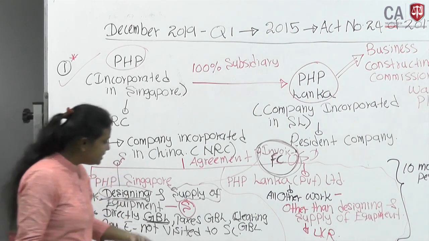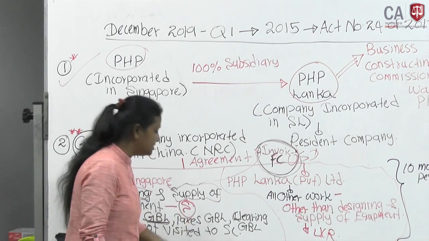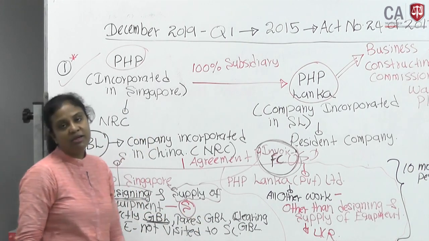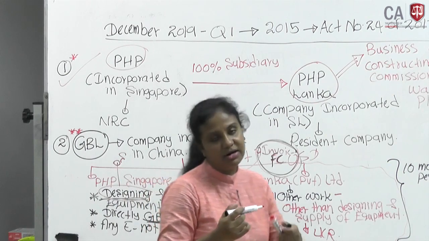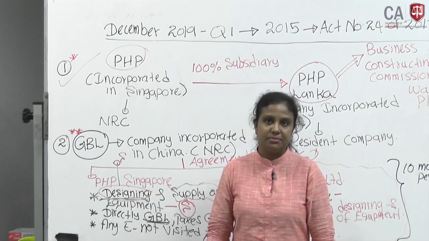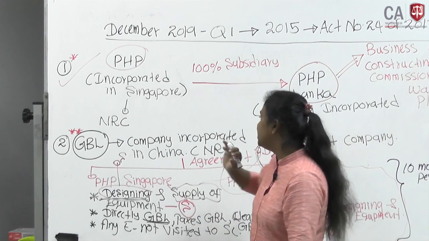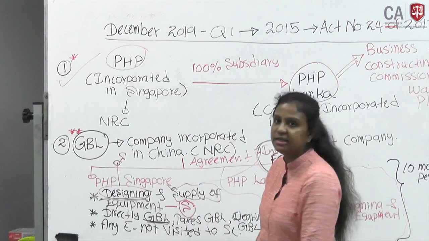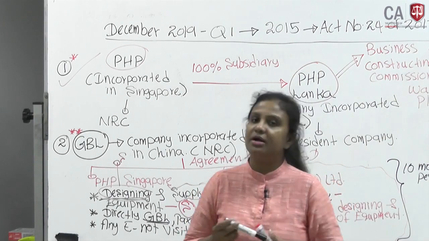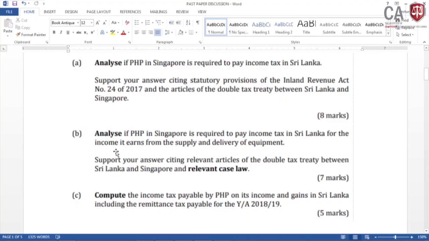And the person in GBL pays the taxes, clears it and transports the equipment to the factory at Horana. Everything is done by GBL in Sri Lanka. There is no relationship with PHP Singapore. If so, is that supply of equipment part liable to pay tax in Sri Lanka? No, it is not liable to pay tax in Sri Lanka.